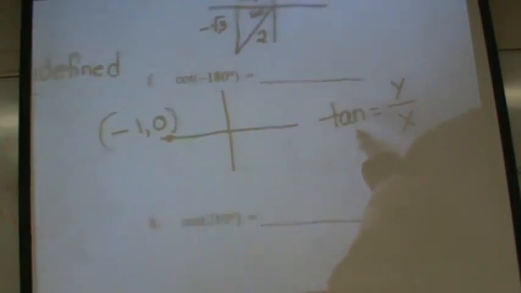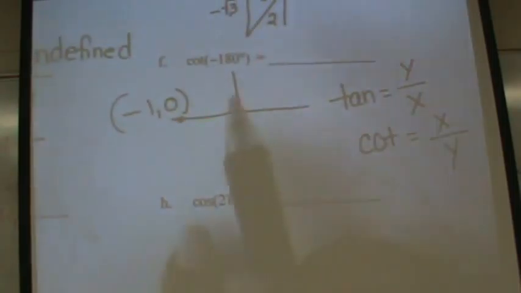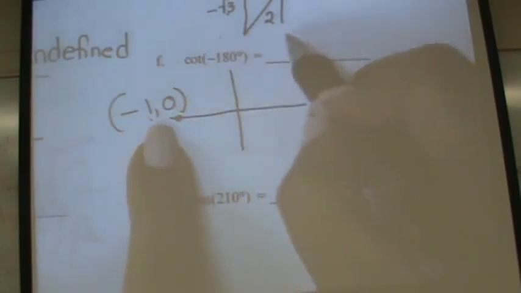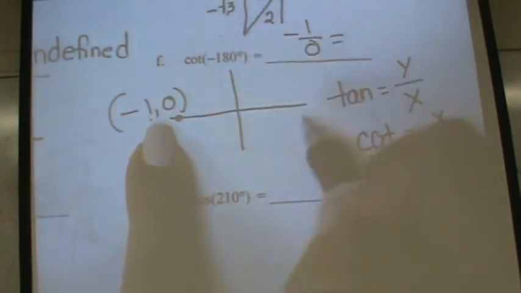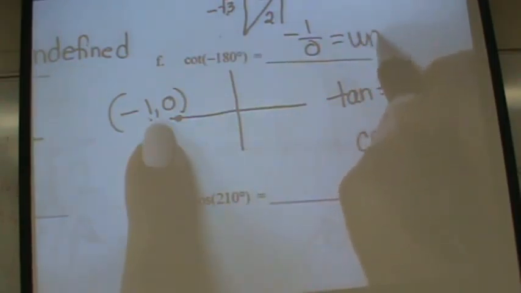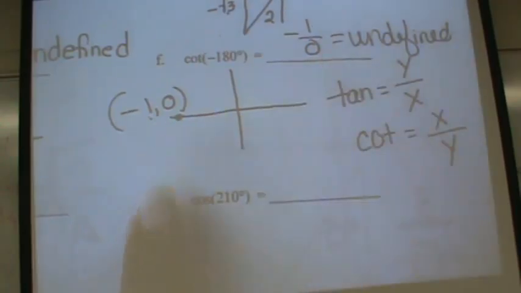What's the cotangent? X over y. What's negative 1 over 0? Undefined again. You can't have 0 in the denominator.